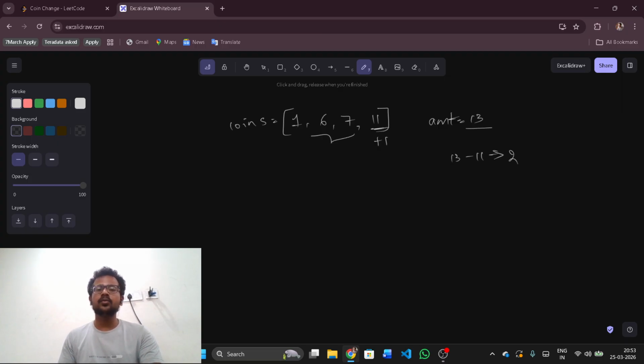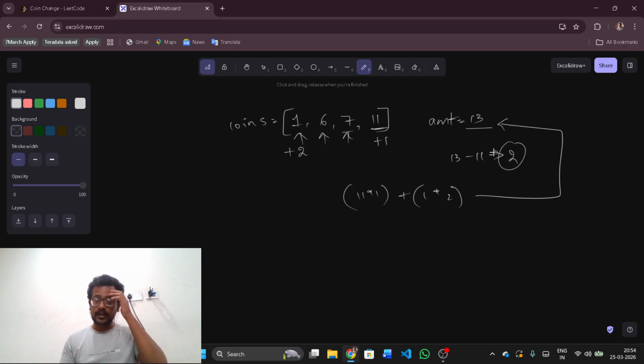But I don't have 2 in my coins array, right? So let's go to 7. I am looking for 2, but I have 7, so I just skip it. I'm looking for 2, I go to 6, so I skip it. I'm looking for 2, I have 1. So 1 two times, then I'll get 11 into 1 plus 1 into 2, which gives us 3.